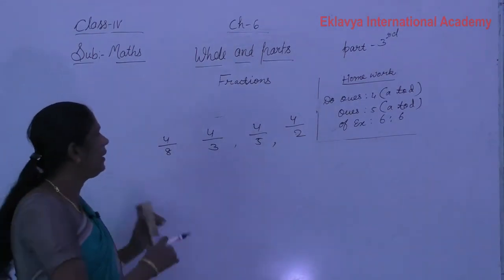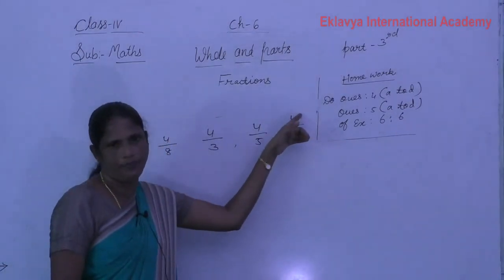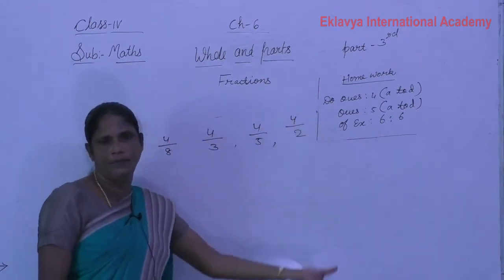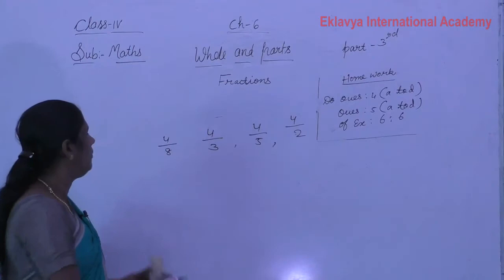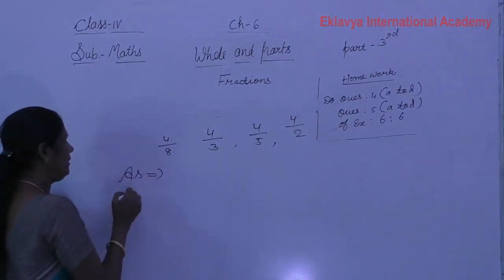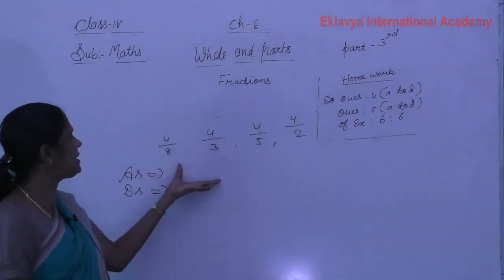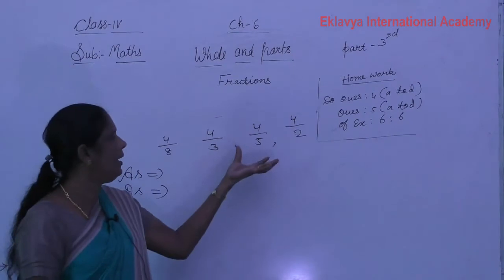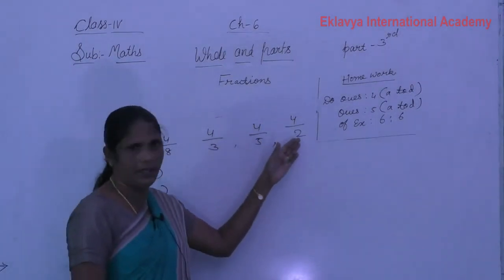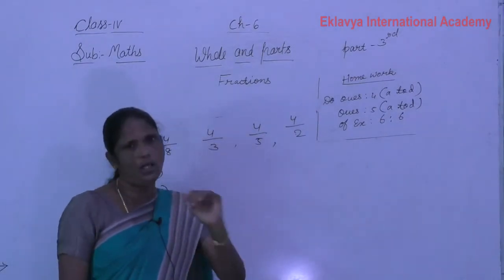Here look, all numerators are the same. Then first we arrange in ascending order, then descending order. Okay. First, which is the smallest fraction? The smaller the denominator, the greater the fraction; the bigger the denominator, the smaller the fraction.